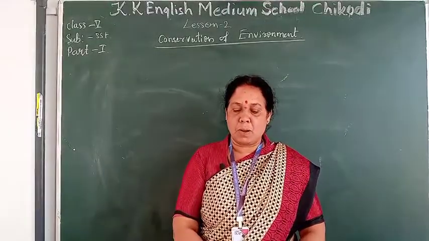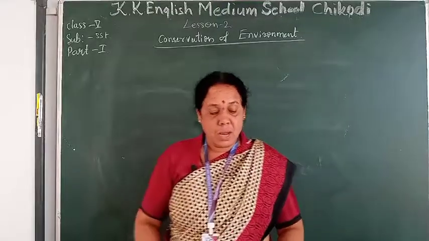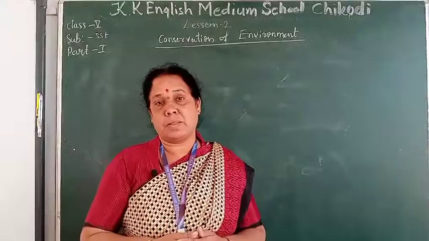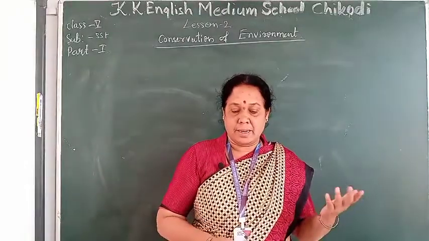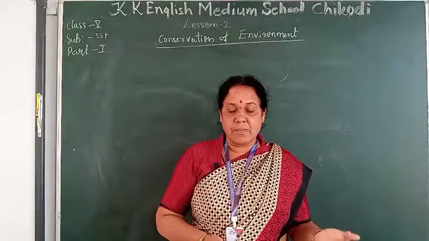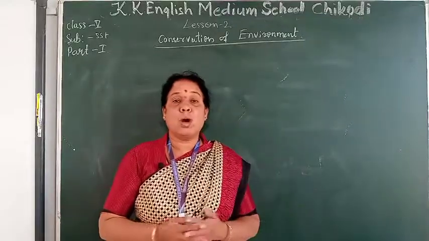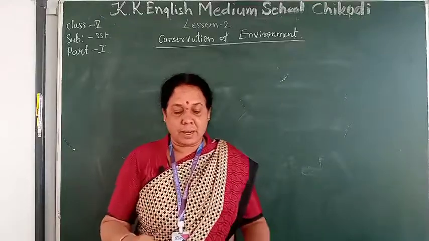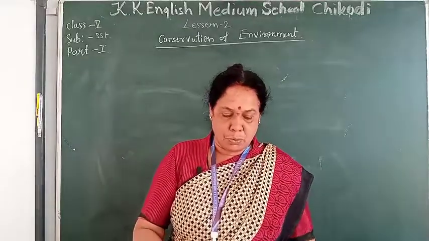Most of these problems arise due to human activity. How is human activity responsible for this? Yes, through industrialization, urbanization, deforestation, and overpopulation. These things are responsible for making environmental pollution.